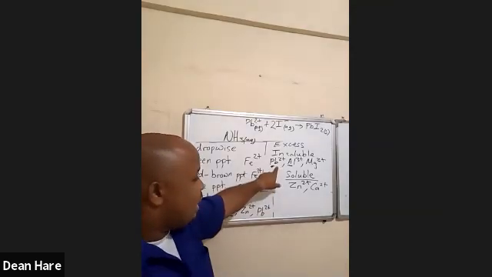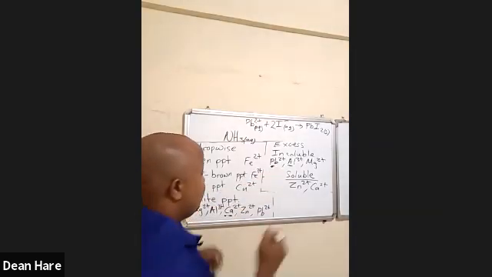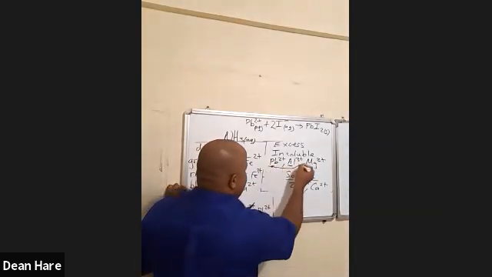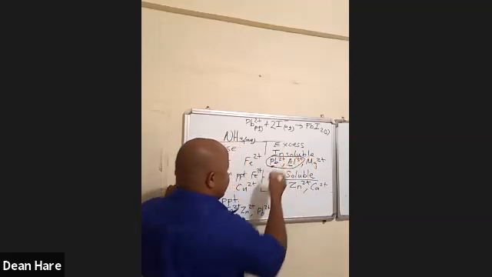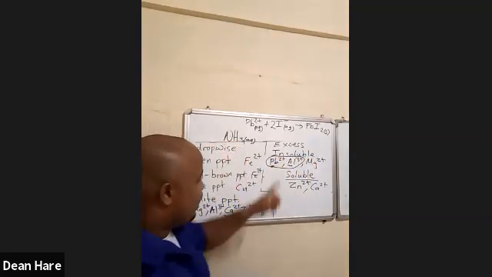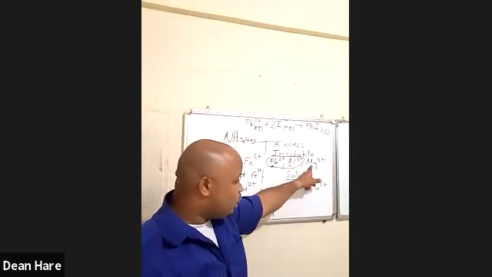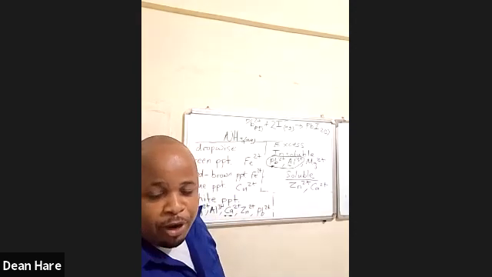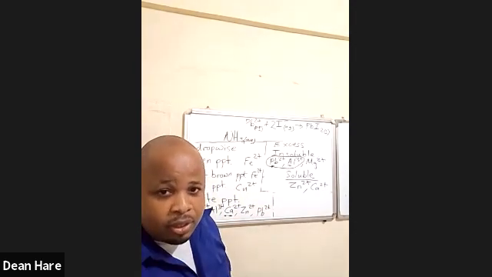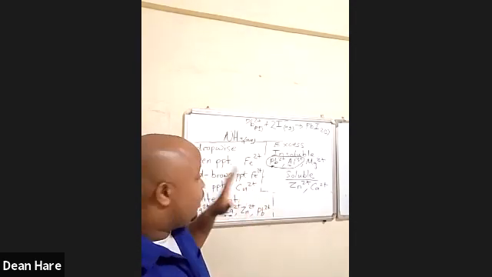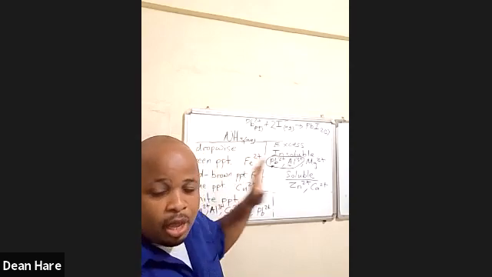To confirm lead, remember now, you will be trying to differentiate between lead and aluminum. If magnesium was present, you would have figured it out because magnesium is insoluble in both sodium hydroxide and ammonia.